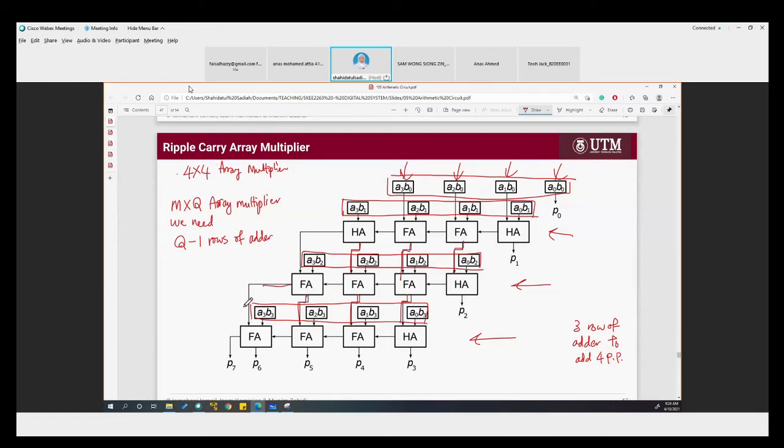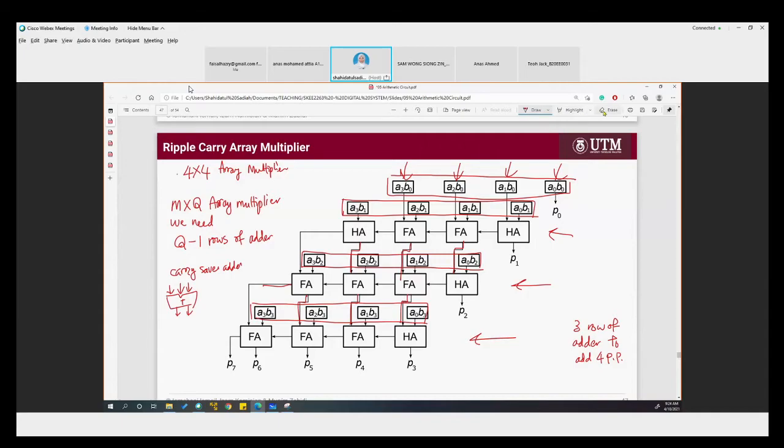We are using another adder where we can skip a lot of addition, such as the carry save adder, for example. If we are using carry save adder, we are adding 3 inputs into 2, so we might have less than q minus 1.